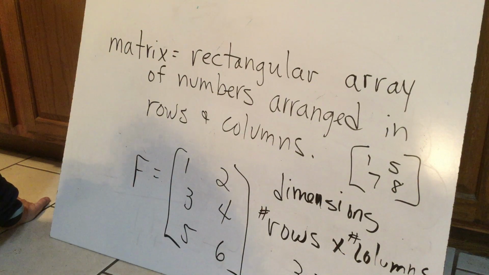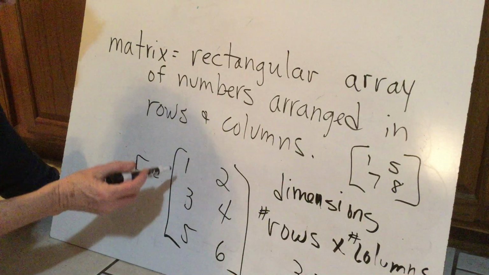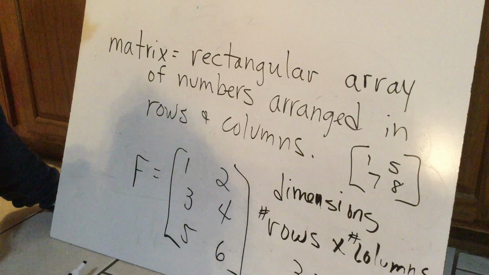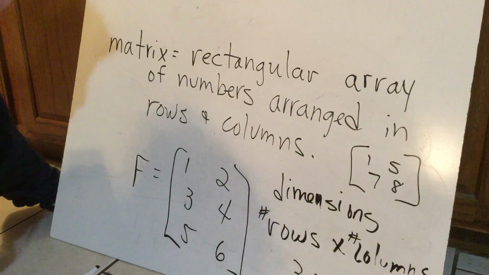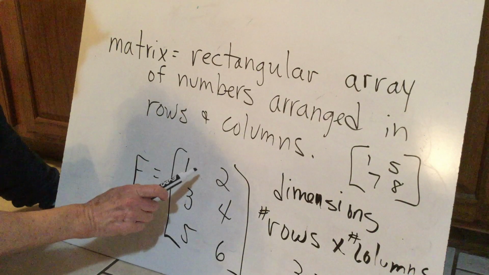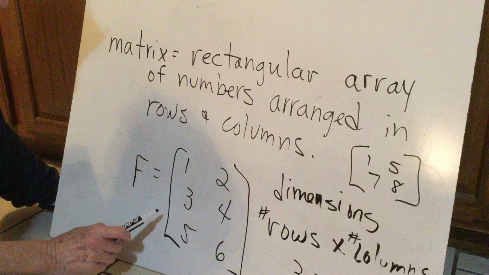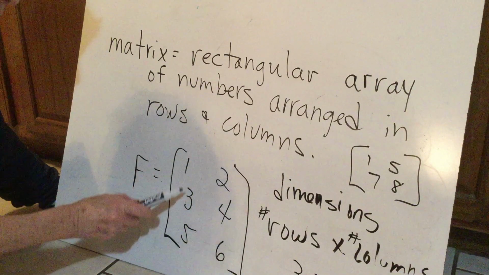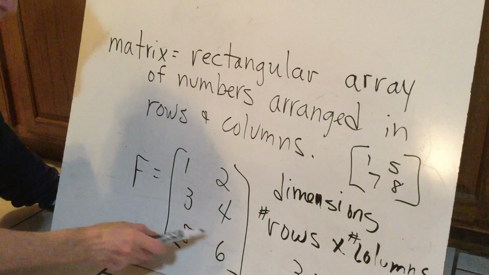Entry or element. The numbers within the matrix are called the entries or the elements. So let's write down on our notes the definition of entry is the numbers within the matrix. So this is an entry, this is an entry, this is an entry, this is an entry, this one, and this one.